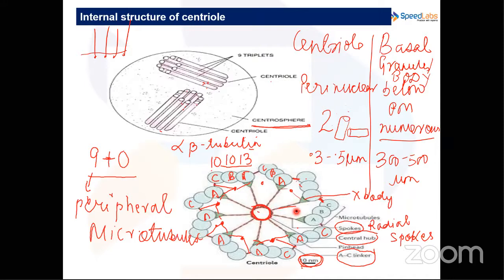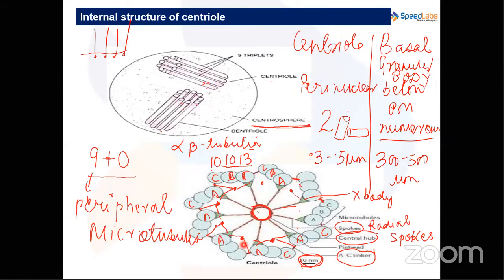Now I'm giving you a question, listen carefully. A 9+0 arrangement of microtubules is present in: stereocilia, basal body, centriole, and the last one is all of the above. What will you say? All of the above.